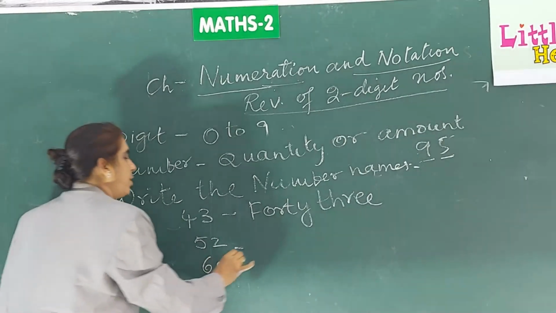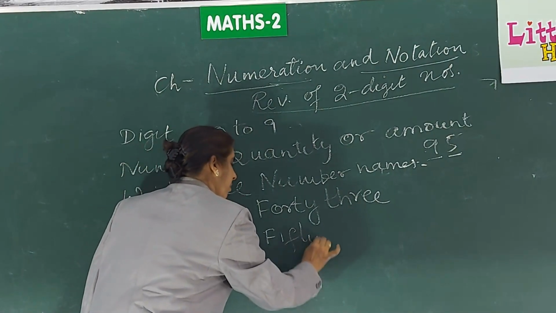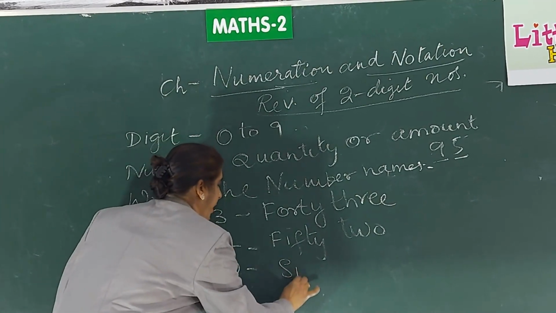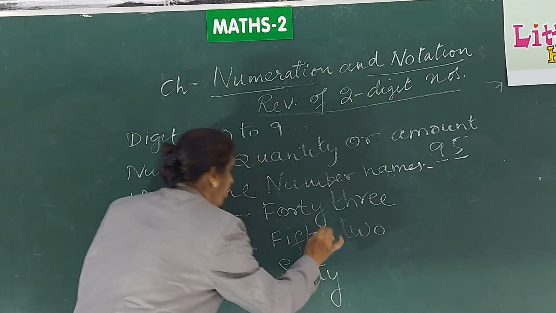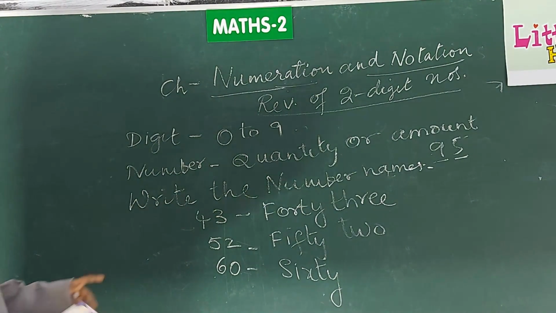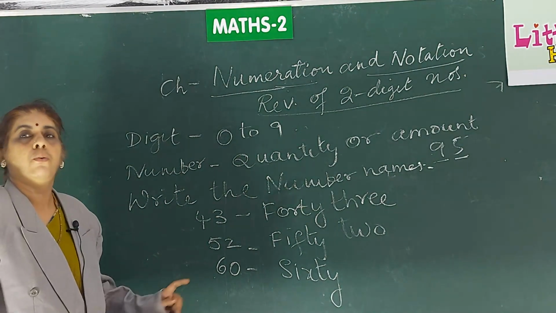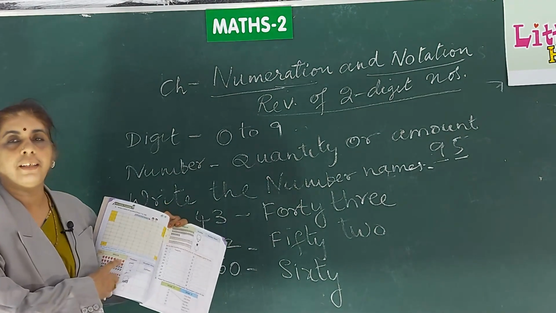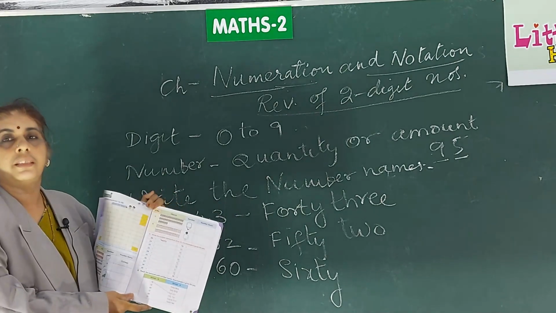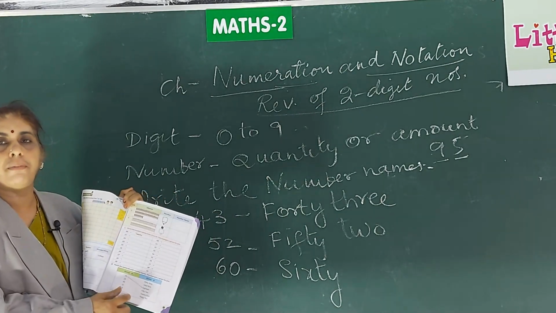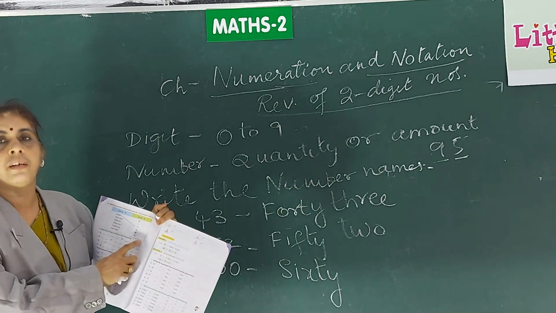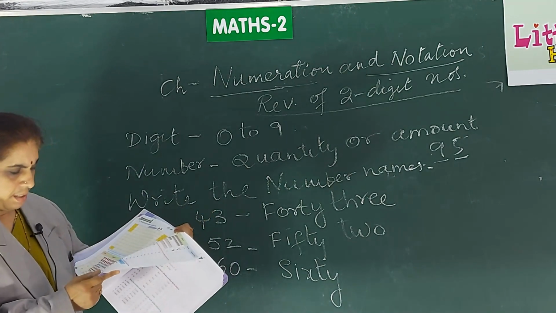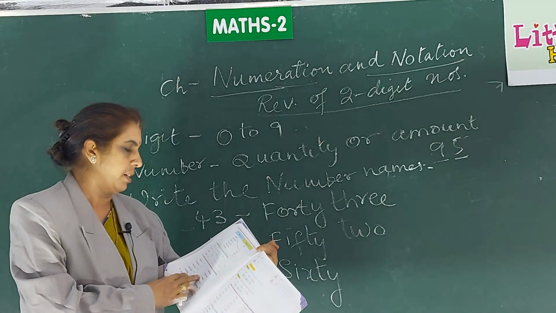This is 52. This is 60. So, in this way, you can write the number names from 1 to 100. And there are some exercises in the textbook which need to be filled by you, like matching the number name to the number and the number to the number name. Complete these exercises on pages 8-9 of your textbook.